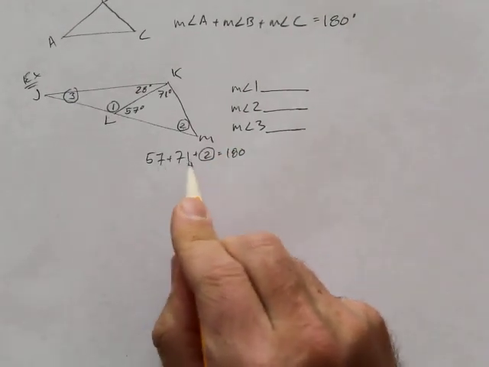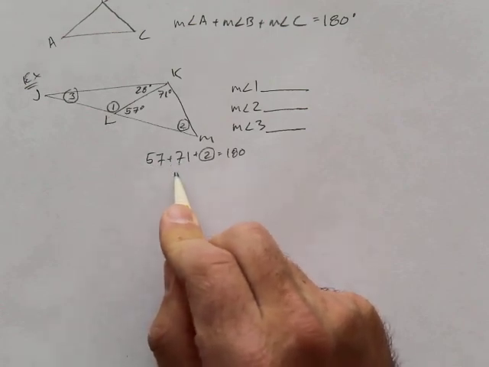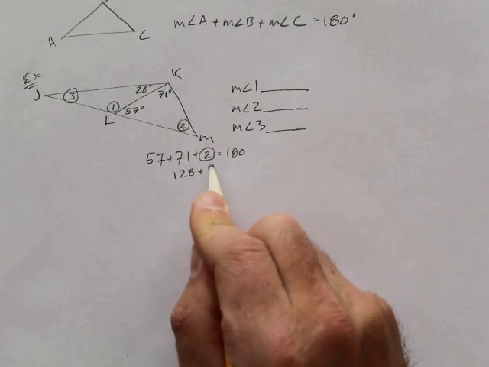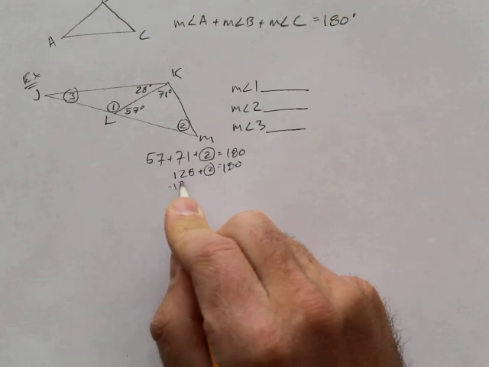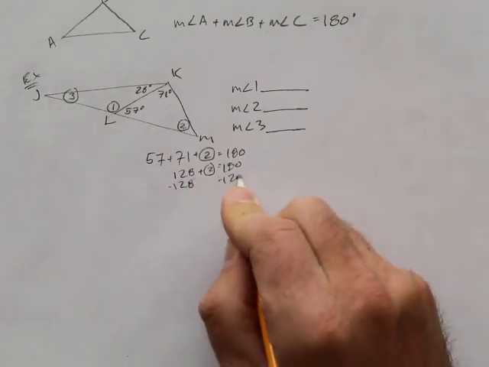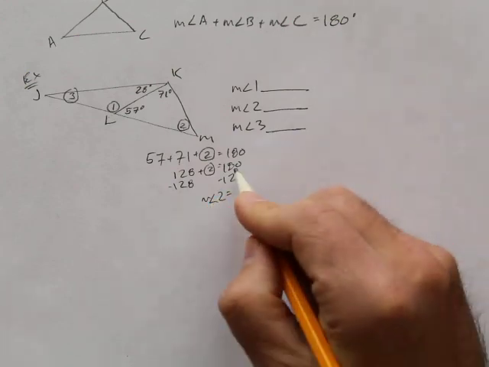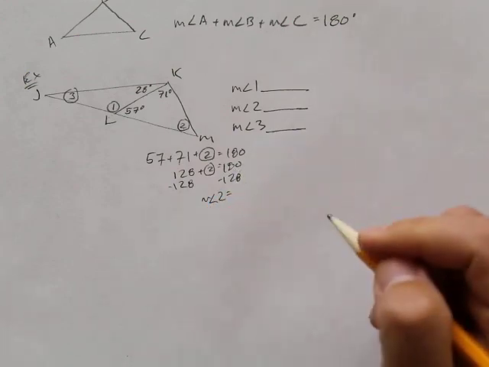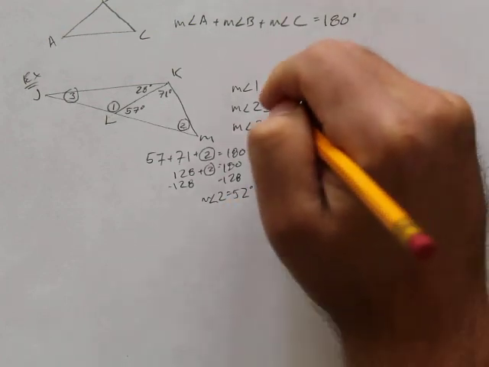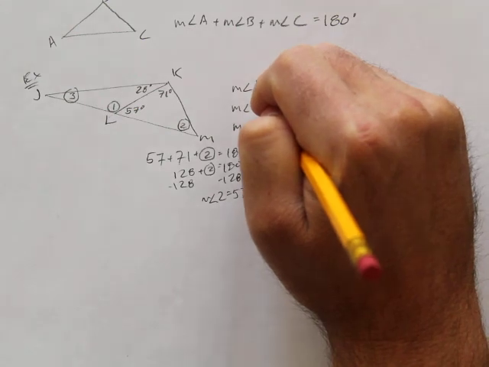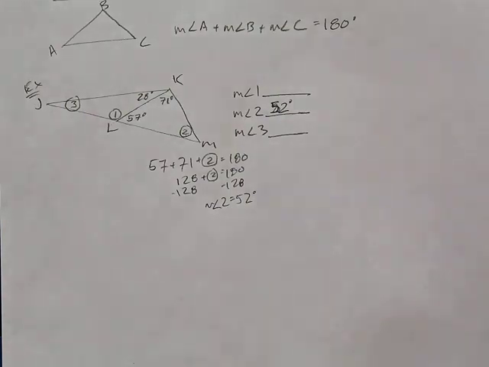So 57 plus 71 is 128. 128 plus measure of angle 2 equals 180 degrees. So I'm going to just subtract 128, and I have measure of angle 2 equals 52 degrees. 52 degrees for measure of angle 2.